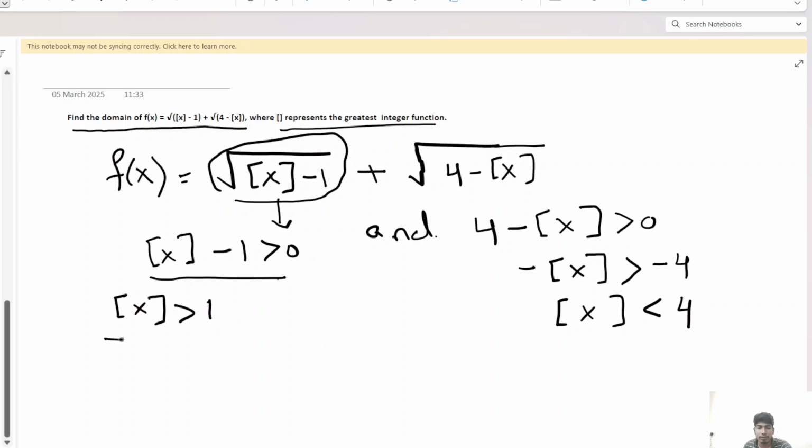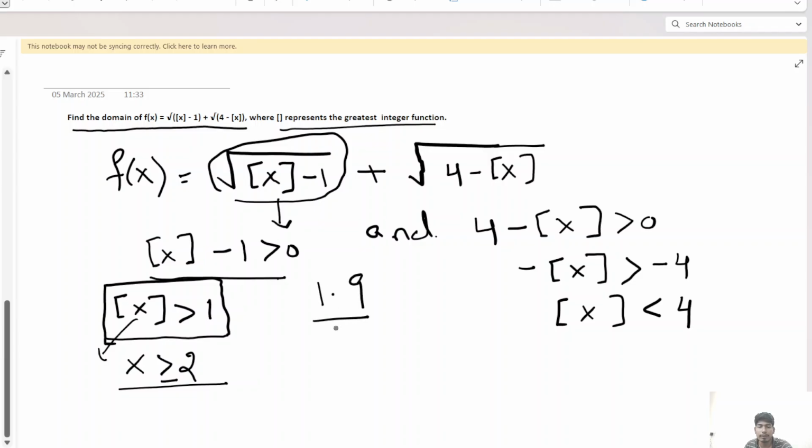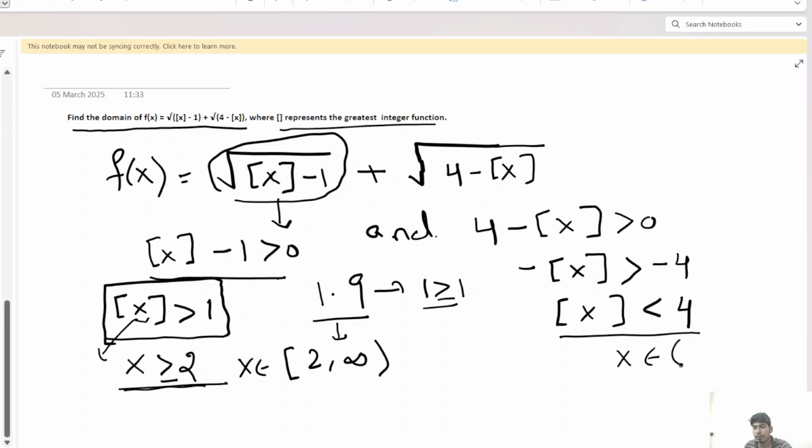This gives, the greatest integer function greater than or equal to 1 means x is greater than or equal to 1, and here x is strictly less than 4... Then x belongs to 1 to infinity, and here x belongs to minus infinity to 4, open interval.